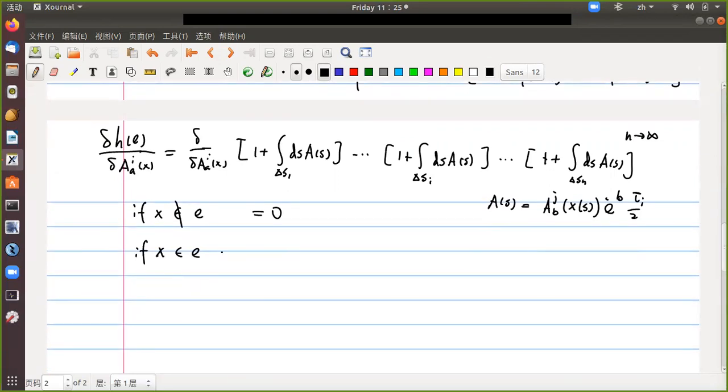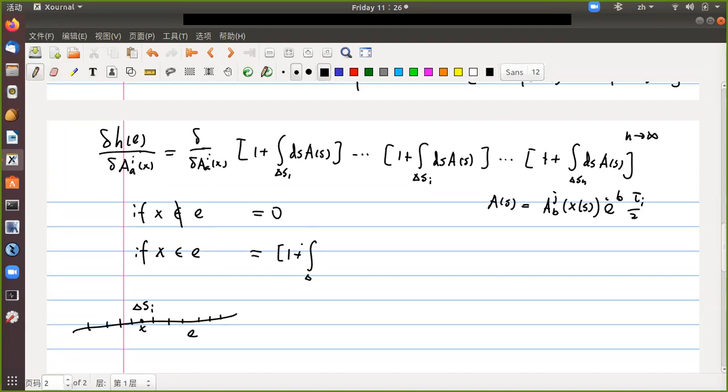Let's say this is the edge and this is point X. Then because we have subdivided this edge into small segments, this X must fall into one of those segments. Well, let's say this segment is Si. Then what you get is 1 plus. So it doesn't affect other factors.